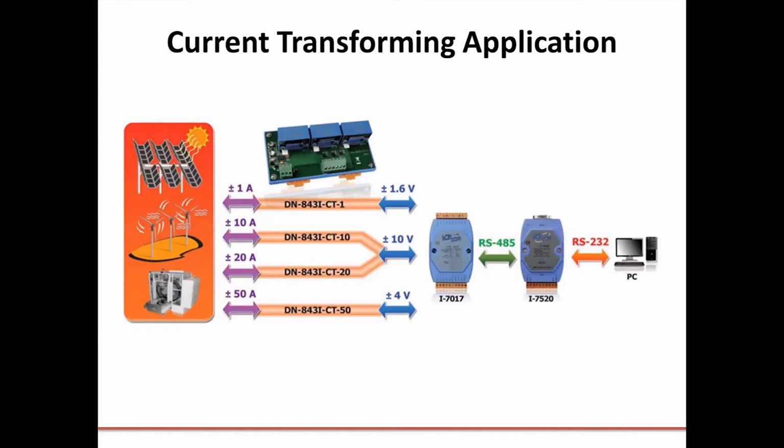The solid core CTs transform the current into a readable voltage, and the voltage attenuating channel tunes the voltage down to a level readable by our i7000 series data acquisition module. The reading is communicated to one of our standard analog input modules, which can then transfer that data to the control room or SCADA to calculate and log power output.